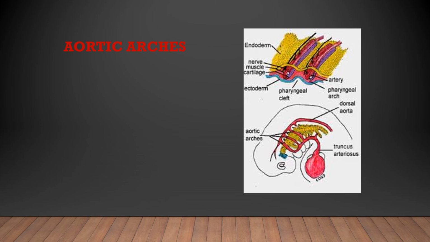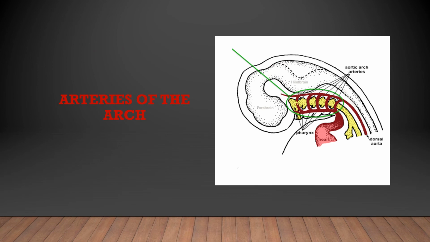One thing to remember: towards the dorsal part we can see the dorsal aorta, as in the previous videos. From this, the aortic arches develop. Now we will see what arteries travel in the mesodermal arches. This is the dorsal aorta, and from the dorsal aorta the aortic arches arise.